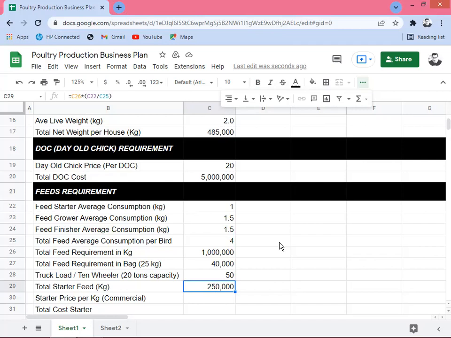The important feed ingredients are the grain cereal and the proteins, then vitamins and minerals. Then it goes to the pellet machine to turn the mash into pellet feeds.